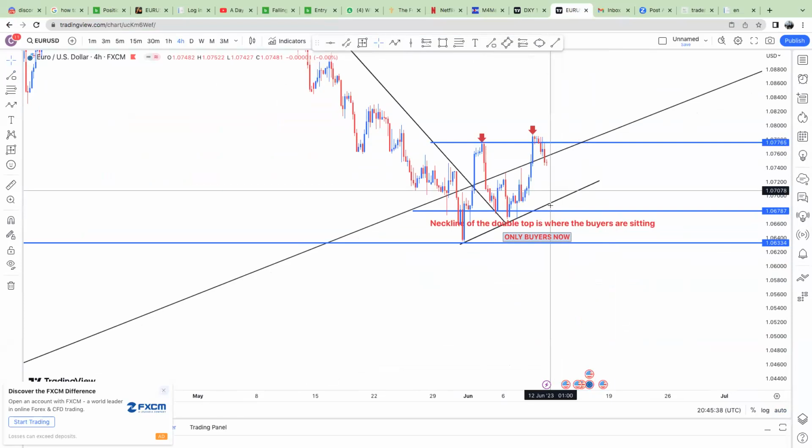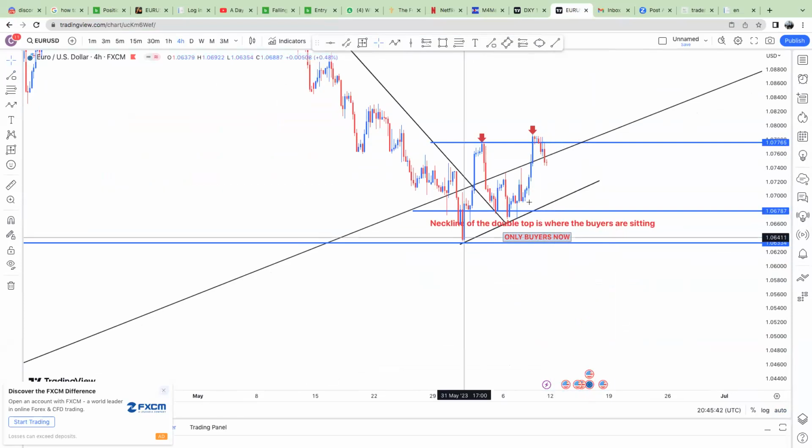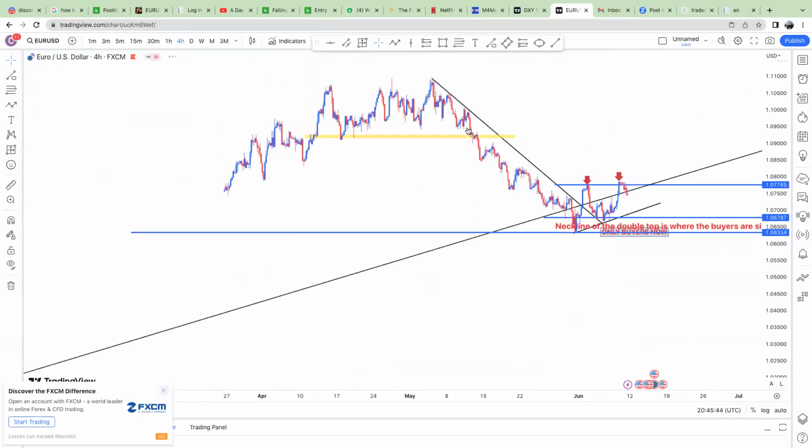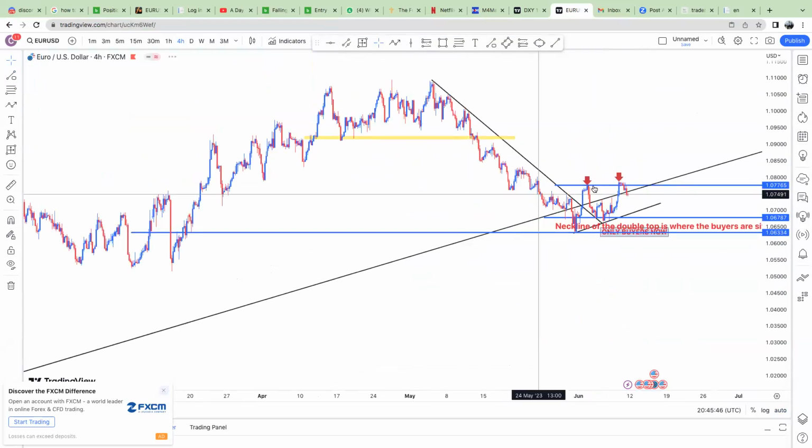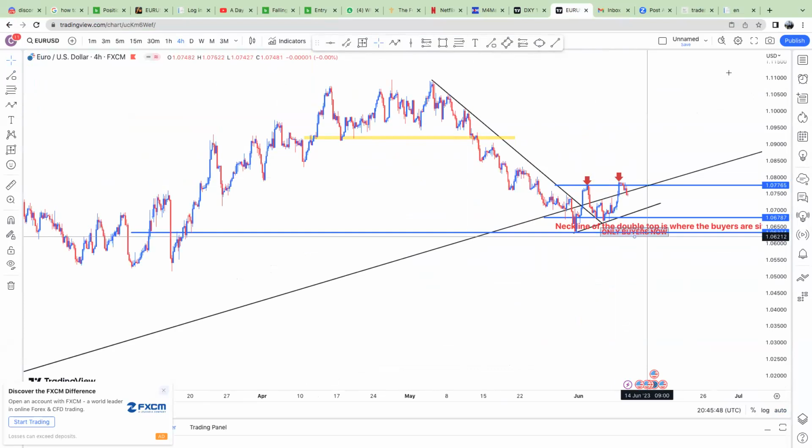Or it breaks this trend and comes to this place and forms a double bottom. That double bottom will mean a neckline, to shoot up all the way. Can you see it?